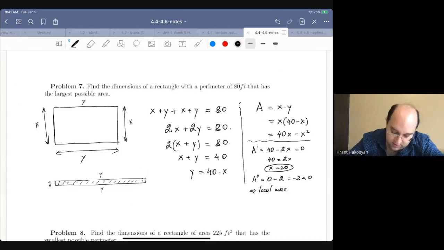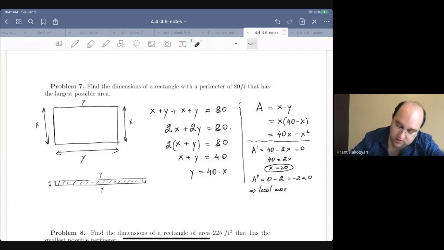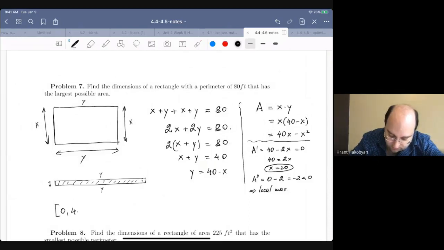In fact, it's 40. I don't have to go all the way to 80, right? Because y here is less than 40, 40 minus x. See, x plus y is 40, so each of them is at most 40. So then I'm looking at the interval 0, 40.